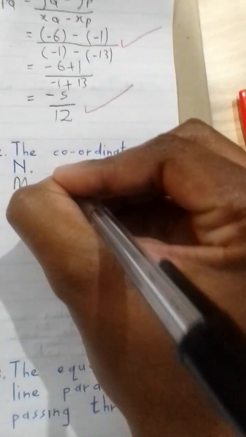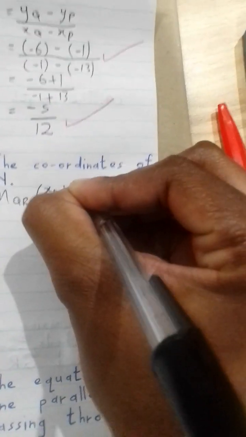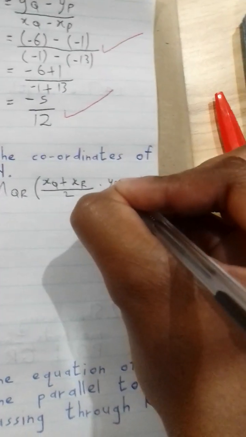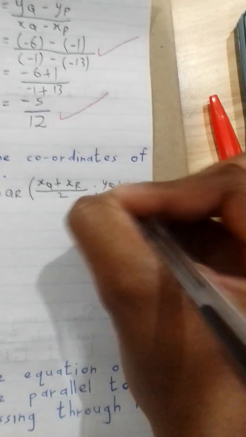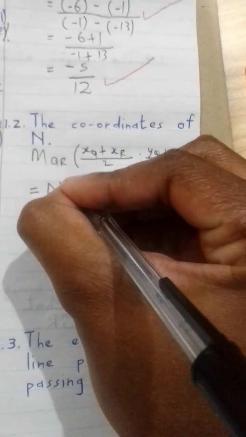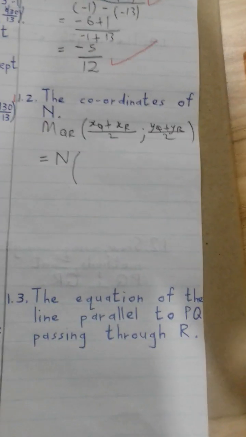Then we write xQ plus xR over 2, yQ plus yR over 2. And then we know that the midpoint of QR is N. What is xQ?